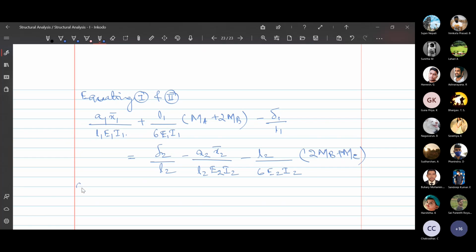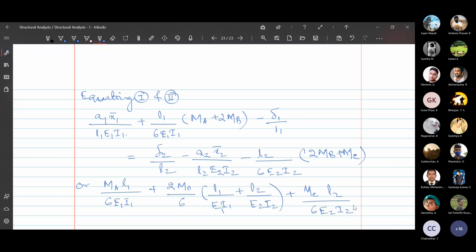If we further simplify: MA L1 by 6 E1 I1 plus 2MB by 6 into L1 by E1 I1 plus L2 by E2 I2, plus MC L2 divided by 6 E2 I2.